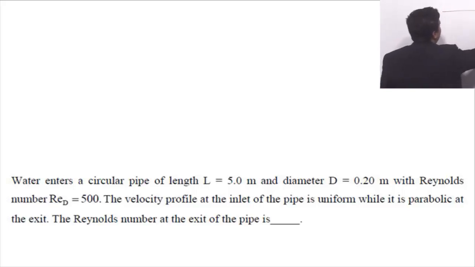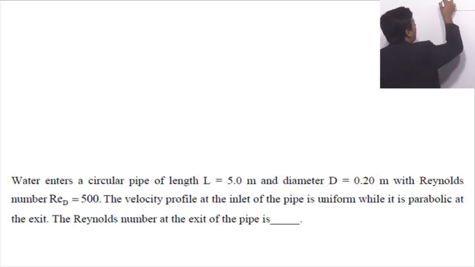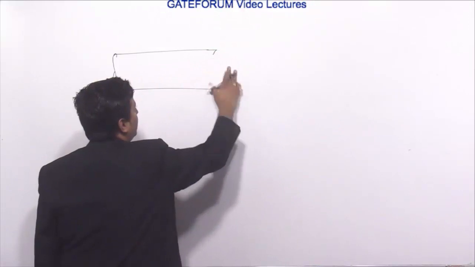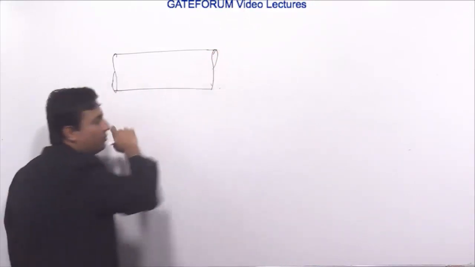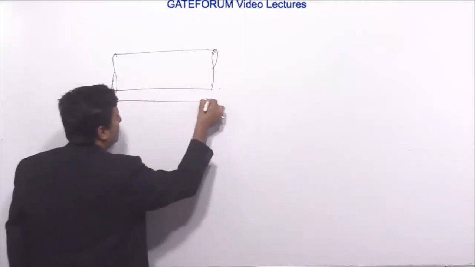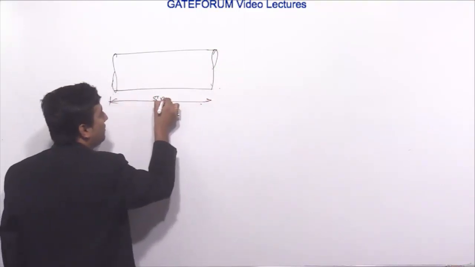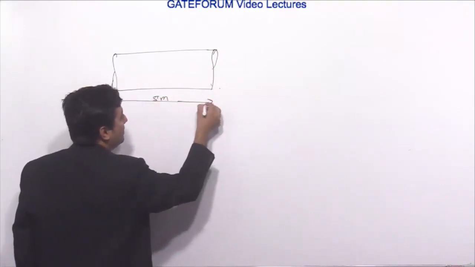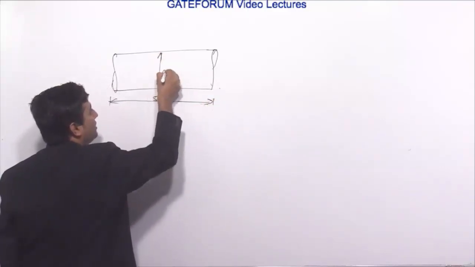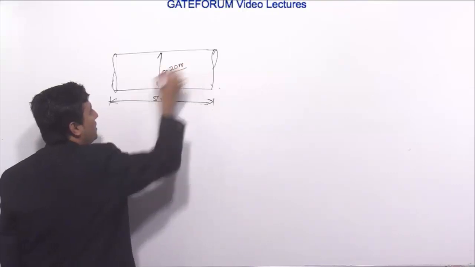The length of the pipeline is given to you, and the length is 5 meter. The diameter is given to you, that is 0.20 meter.